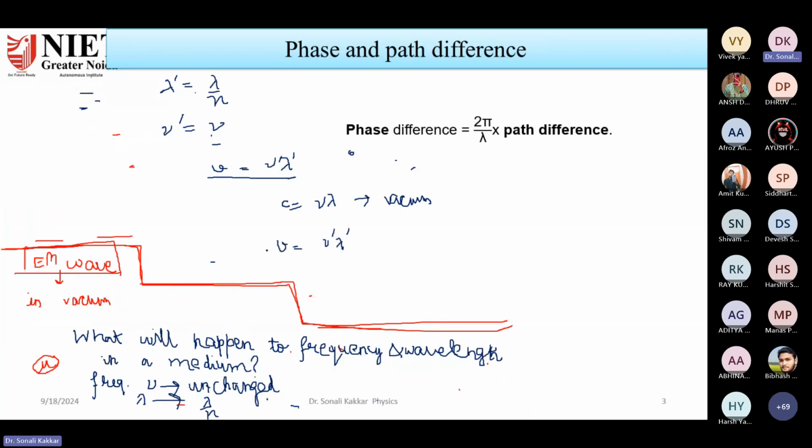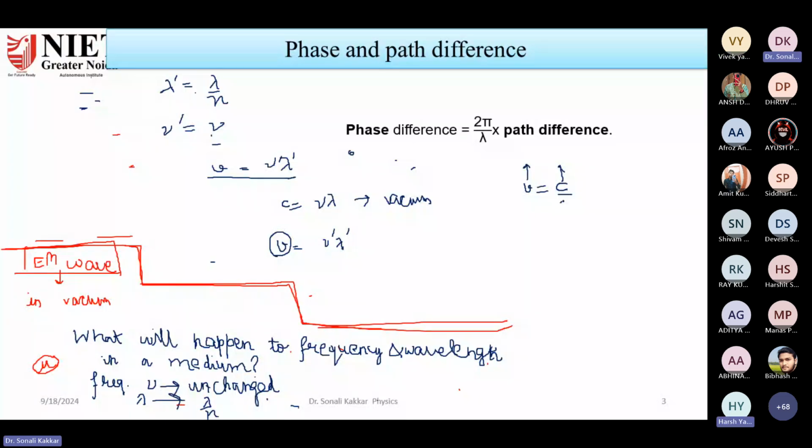Put the values. What is the relation between velocity v and velocity in vacuum c? How are these two related, the velocity of light in medium and velocity of light in vacuum?